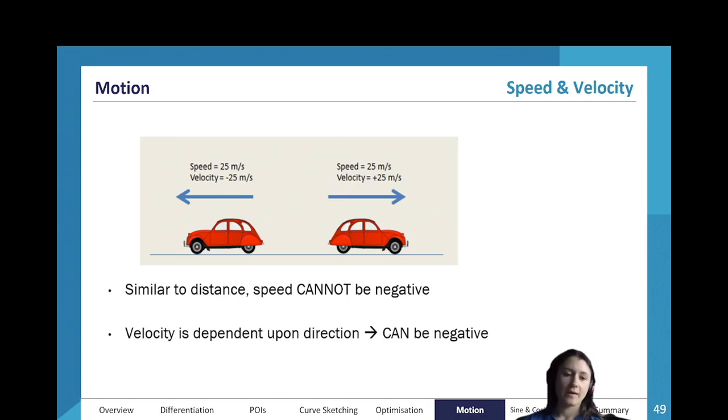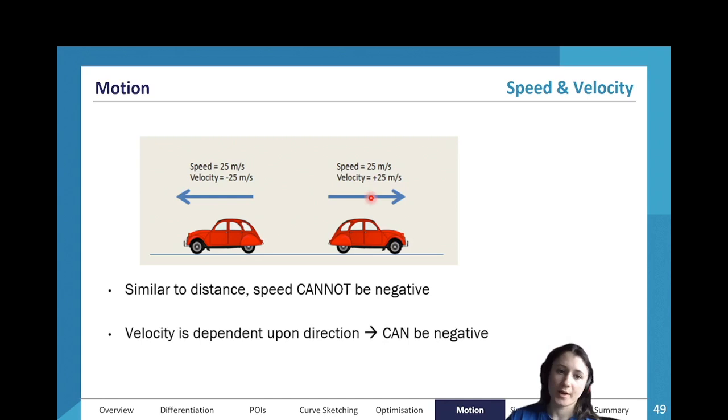You can't ever go with a negative speed, right? Because it doesn't matter. You're always going at the same speed, regardless of what direction you're going in. But velocity includes the direction you're going in.